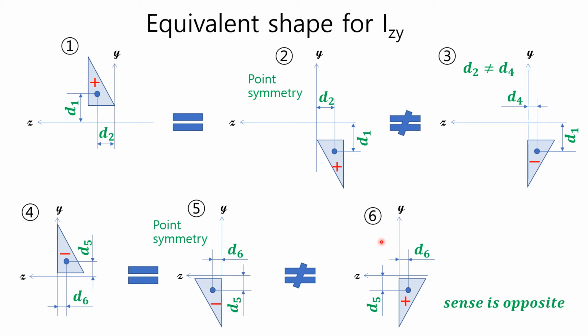The sixth is not point symmetric, but mirror symmetric with the fifth about the vertical axis. As a result, the product moment of area of the sixth has the opposite sense to that of the fifth. Consequently, the product moment of area of the sixth is different from the other 2.